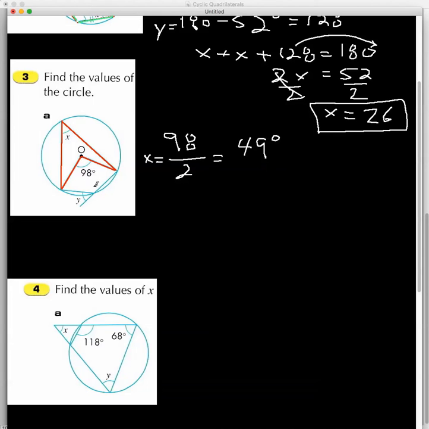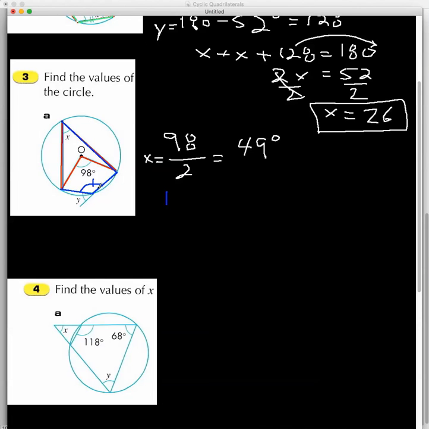Now how are we going to get y? Well, let's see. I know we can look at the cyclic quadrilateral. If I take this one here, this one here, this one here, and this one here. So if we have a cyclic quadrilateral, that means that this x plus this angle here that they haven't shown, right here, that x and this angle here across from each other have to add up to 180.